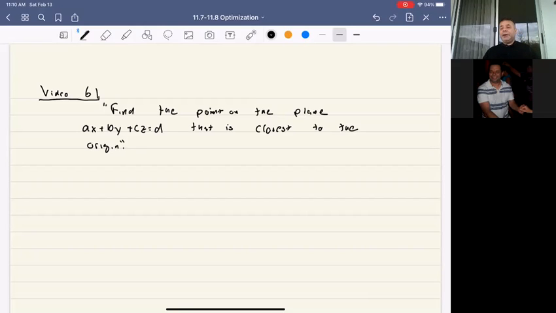Okay, so when you get a problem like this and you aren't given the equations exactly, that's when you have to decide, well, what is the thing that I'm optimizing, minimizing, or maximizing, and what is my constraint? Now here, this one's pretty straightforward, I hope. We have to minimize x squared plus y squared plus z squared.